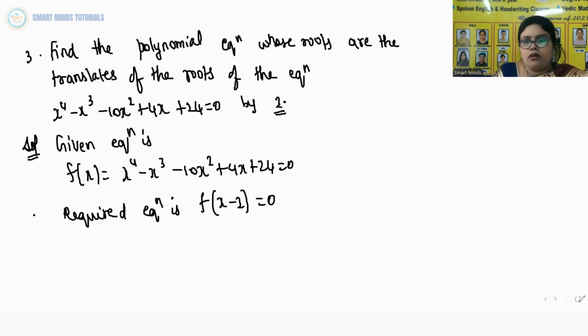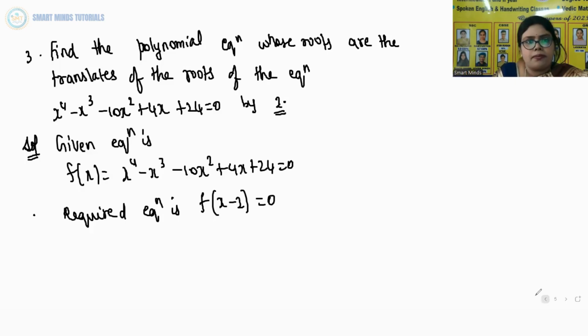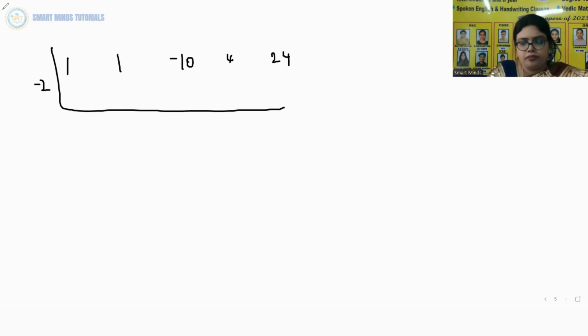Okay, now we will take this synthetic division. So you will get 1, 1, minus 10, 4, 24. Now take synthetic division and you have to do it by minus 2. So here you will get a 0.